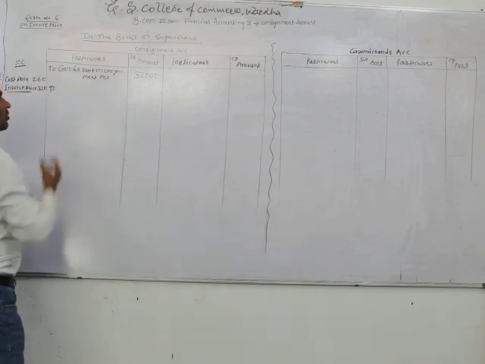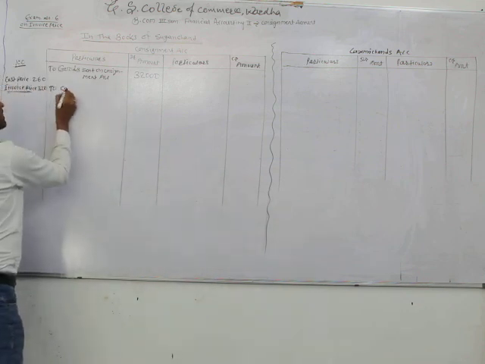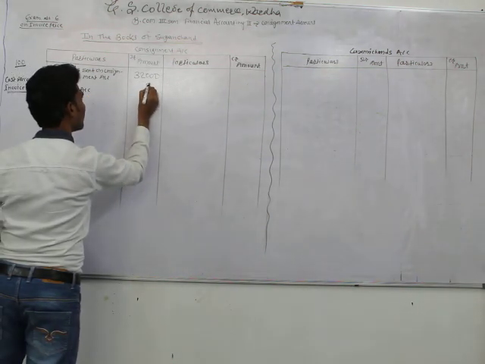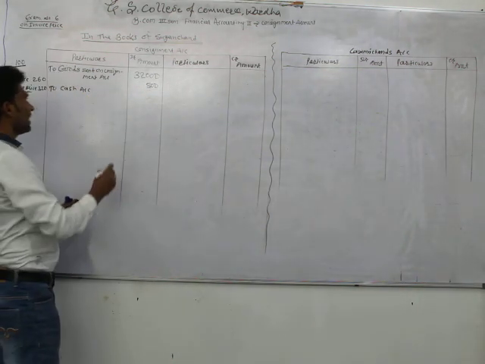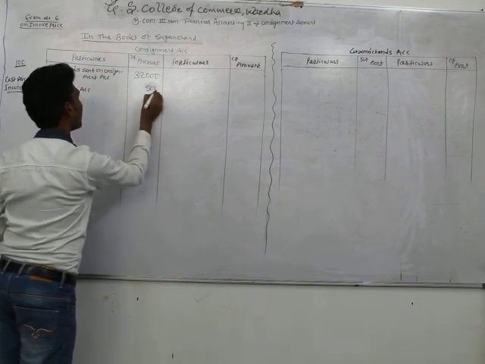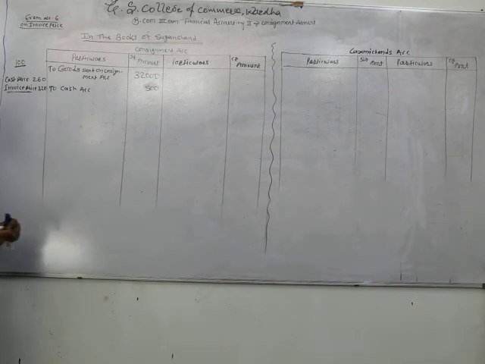So write at the debit side of consignment account, to cash account, rupees 800.